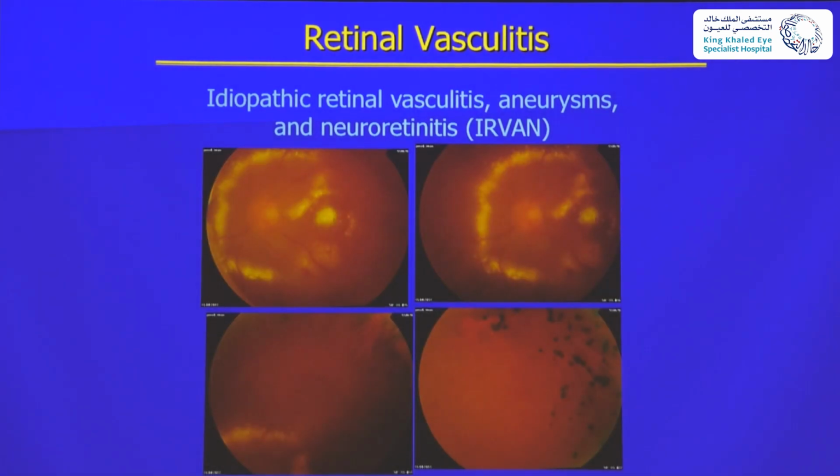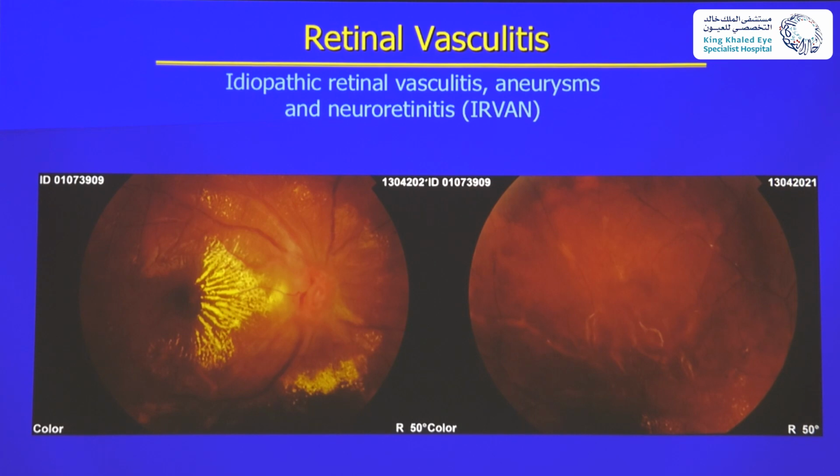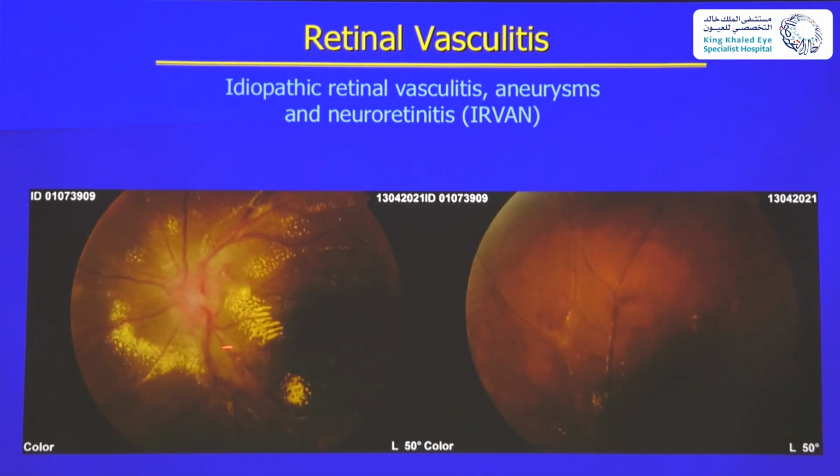I have another patient, and this is a more recent patient. This patient was seen in one of the important hospitals, and the diagnosis was not made. We saw the patient. The patient had a huge amount of hard exudates and vascular sheathing. The other eye, same. All the patients present the same: hard exudates in the peripapillary area.